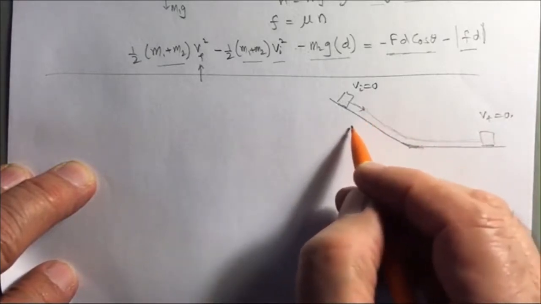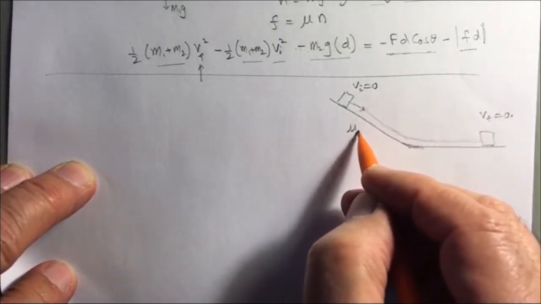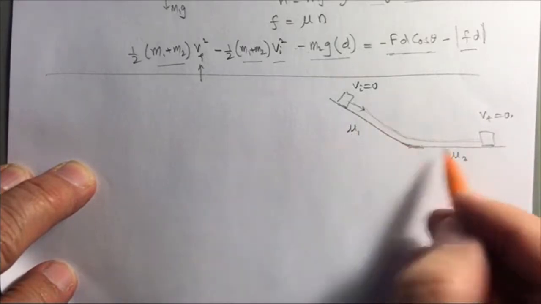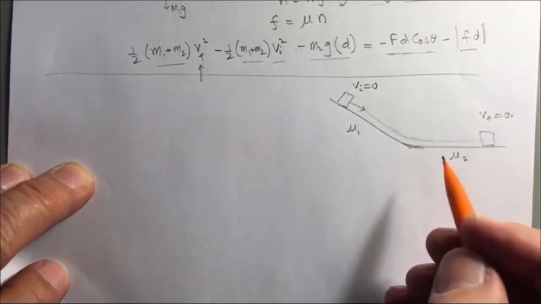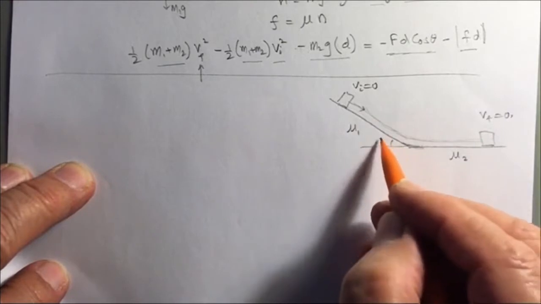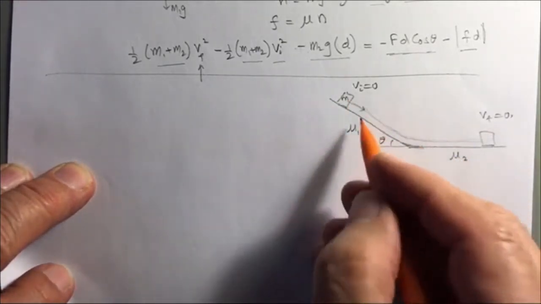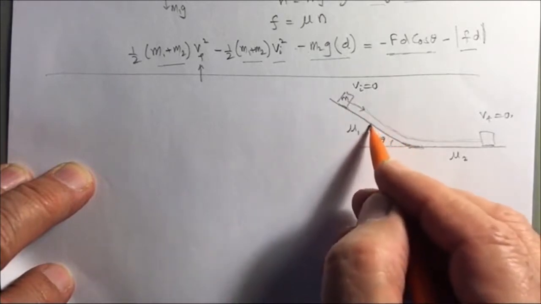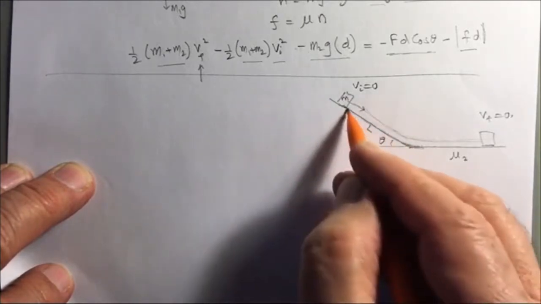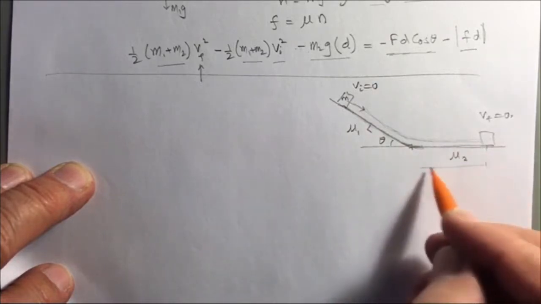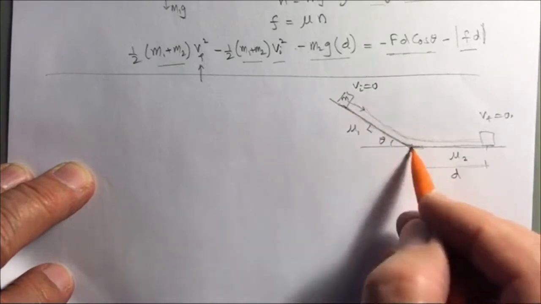The friction coefficient here is mu k1 and here it's mu k2, so the friction could be different or it could be the same. We are given the theta, the mass of this object, and the length of the sloping part, and we don't know the distance along which it's going to stop, but we do know the length here.